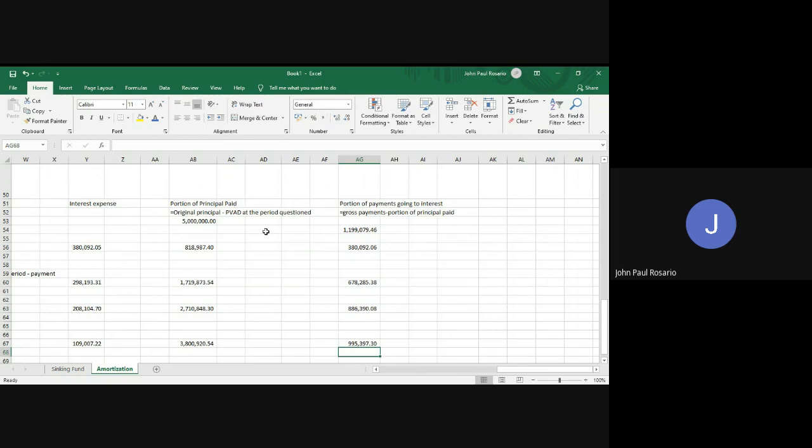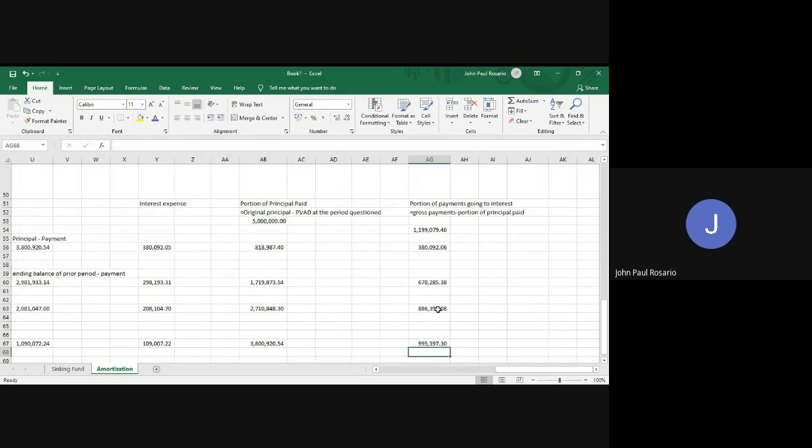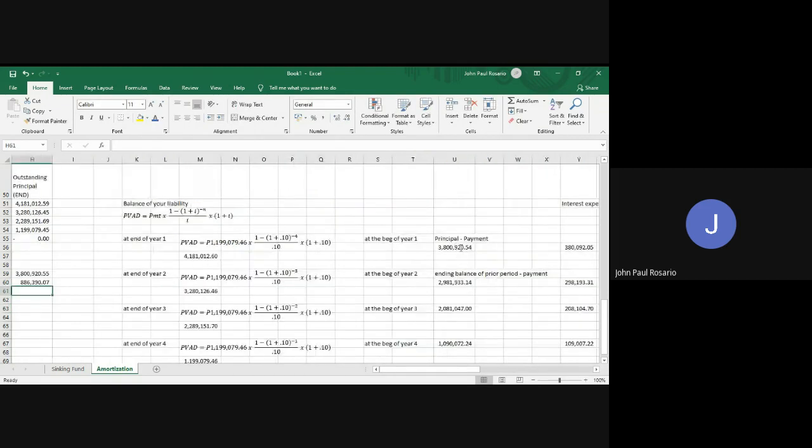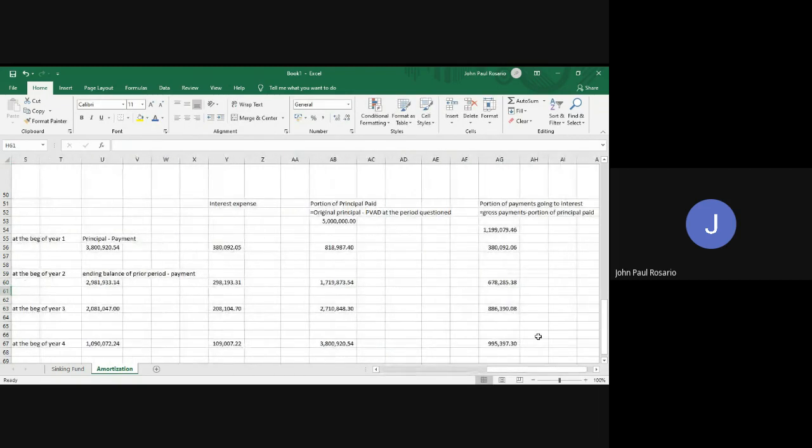If you want to check, for example, in year 3, what's the total interest due? In year 3, the interest paid is 886,390. So what else do we need to discuss on amortization?